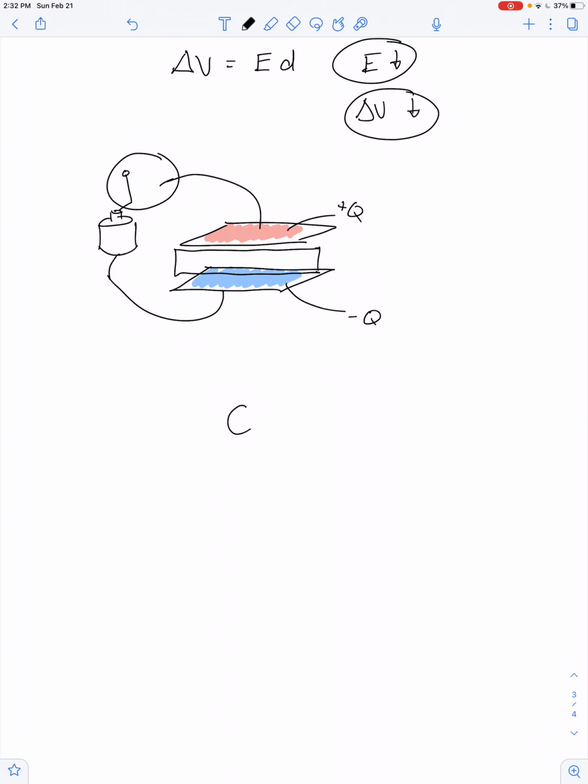Well, capacitance, as you know, is defined as the ratio of charge compared to voltage, but the charge stays the same when this dielectric slab is inserted and the voltage has gone down. And so what's the effect? Right, the capacitance increases.